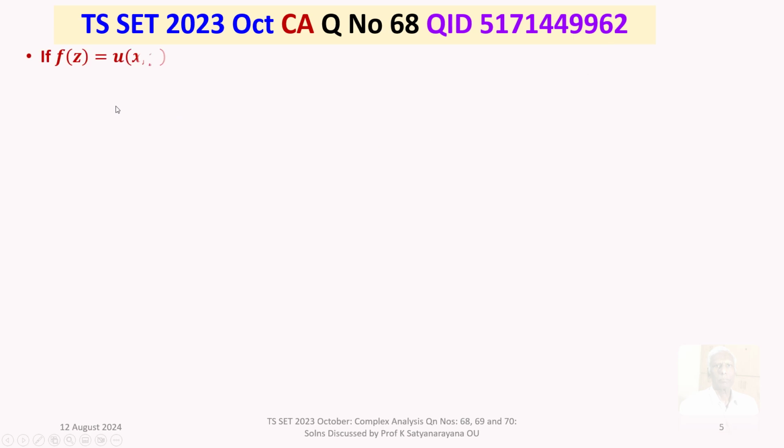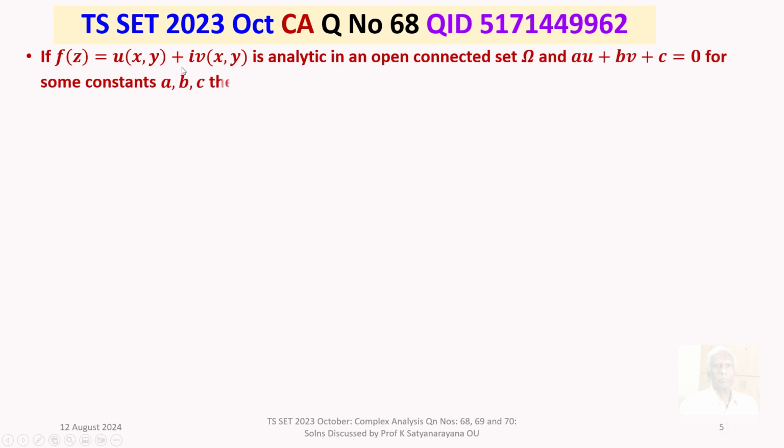The given question is: if f(z) = u(x,y) + iv(x,y) is analytic in an open connected set omega and au + bv + c = 0 for some constants a, b, c, then the integral taken round mod z = 1, that is the unit circle, of f(z)/z² with respect to z is equal to. We are given four options.